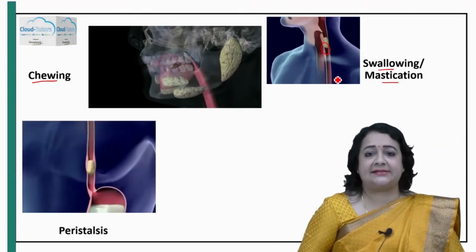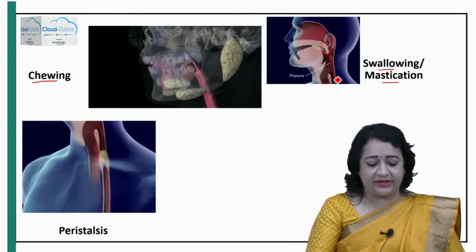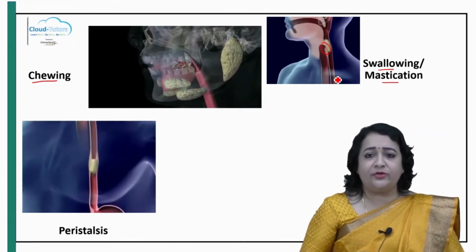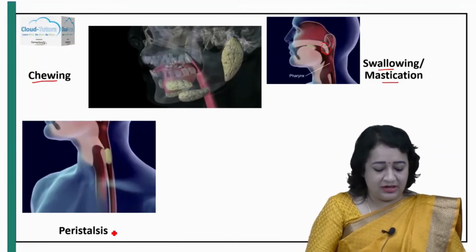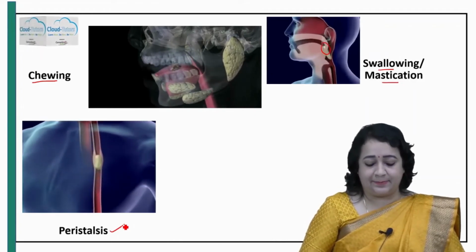So what next? Next will be the movement of the food in the esophagus towards the stomach. This movement of the food throughout the alimentary canal is by a process called peristalsis.